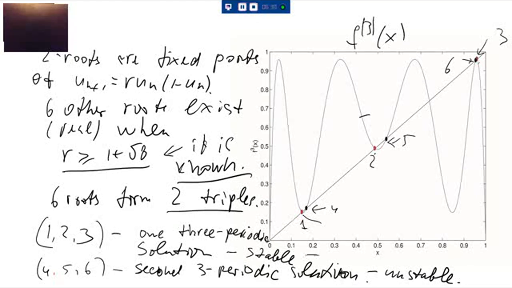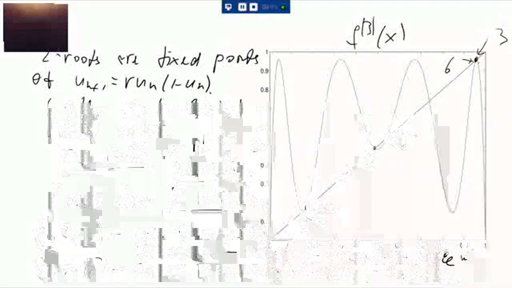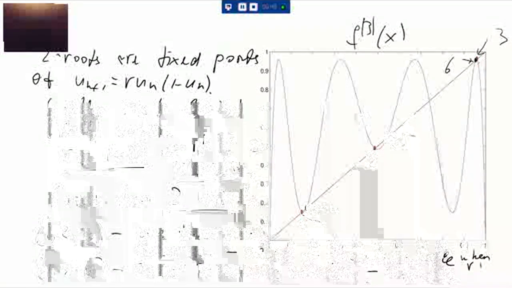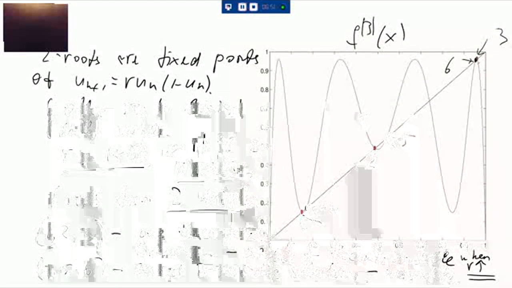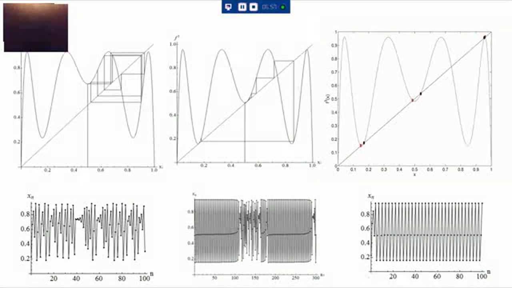But the second one is always unstable. So this is certain information about 3-periodic solutions.